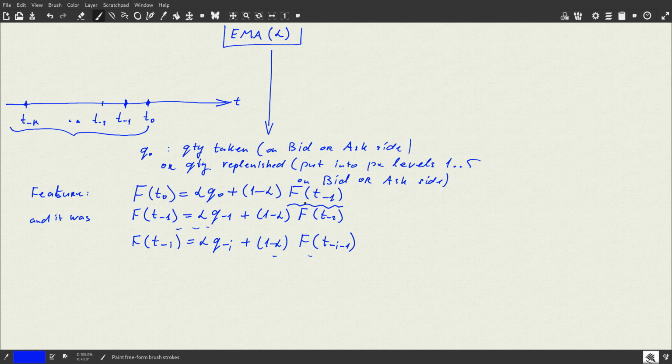F of t0 depends on F of t minus 1, which in due time depended on F of t minus 2, which depended on F of t minus 3, and so on. So you have an infinite dependency depth.